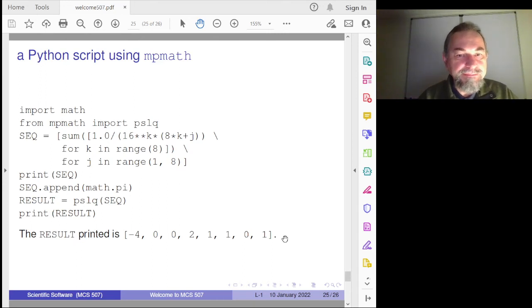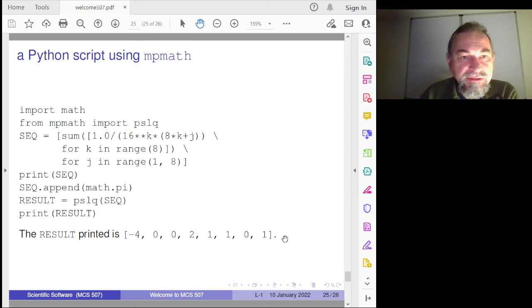So here it is. We are running PSLQ again, now in a separate Python script that I may post. This is running on the command prompt as a program with a double list comprehension, where we compute a sequence of numbers and we feed the sequence to PSLQ.